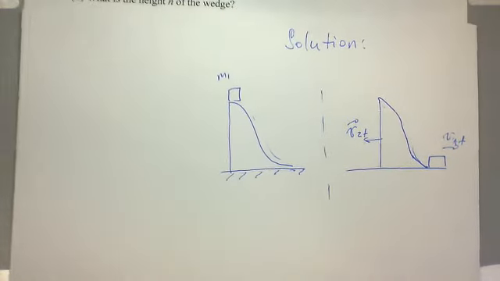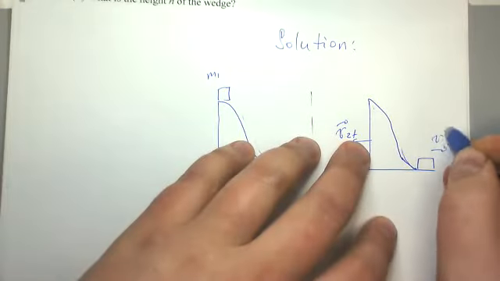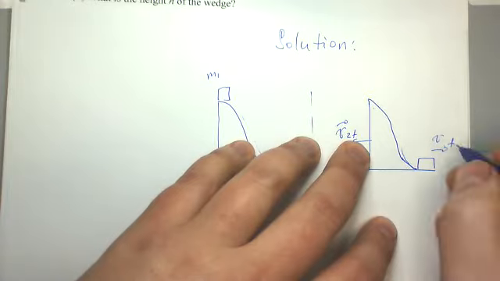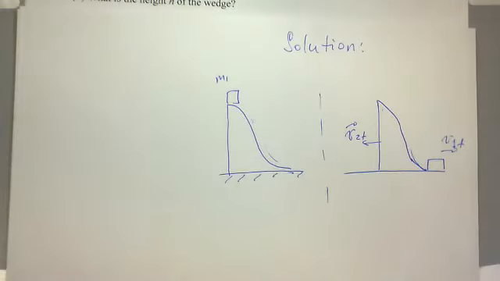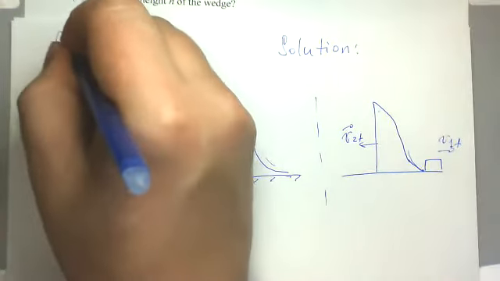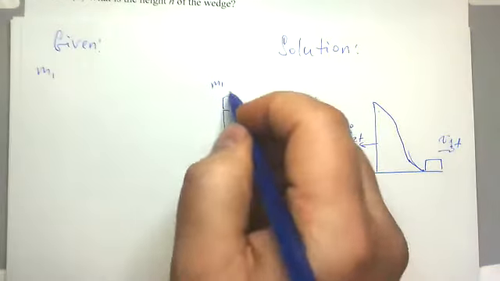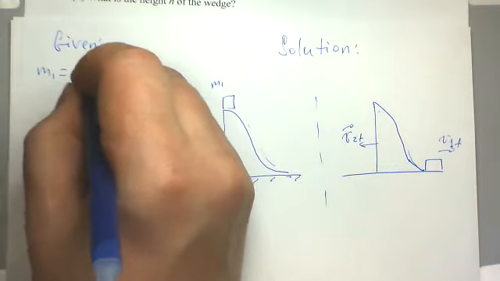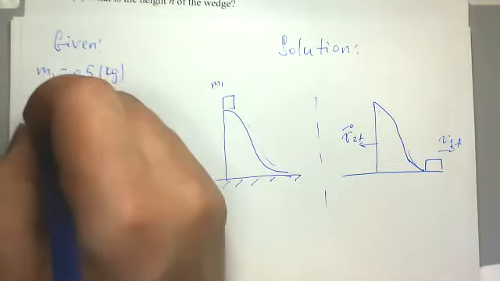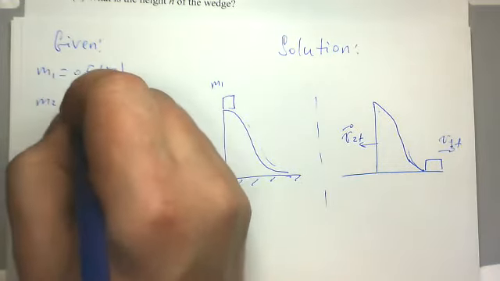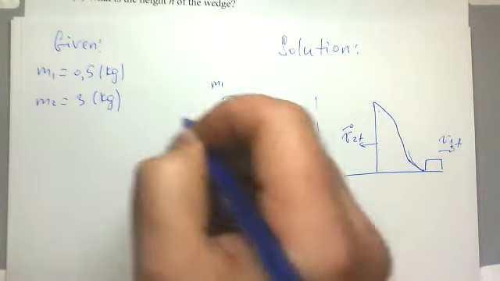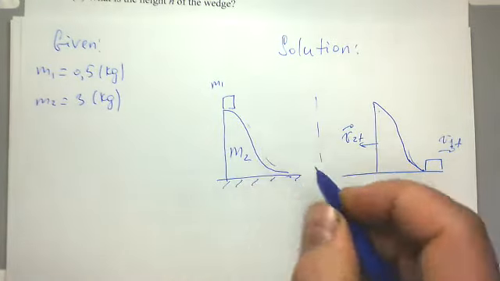So let me collect the given information. The mass of the first object, m1, is 0.5 kilograms. The mass of the object 2, this wedge, is 3 kilograms. This is m2.